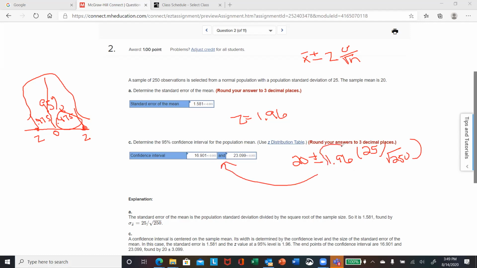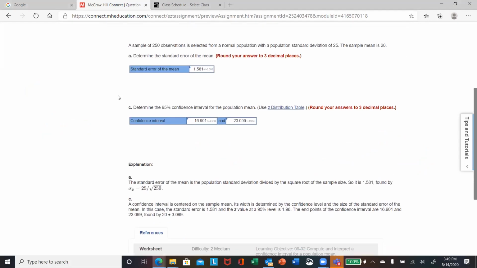The 1.96 multiplied by your standard error gives you what they call your margin of error, and you should be able to add and subtract that from 20. They take these out to 3 decimals, so you get 16.901 all the way up to 23.099. All right, so that is problem 2, and of course down below you can also see their calculations for both A and C.